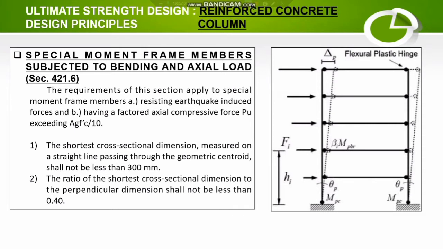So the first condition is that the shortest cross-sectional dimension measured on a straight line passing through the geometric centroid shall not be less than 300 mm. And the next condition is the ratio of the shortest cross-sectional dimension to the perpendicular dimension shall not be less than 0.4. So this diagram is an example of a special moment frame member subjected to combined bending and axial load.